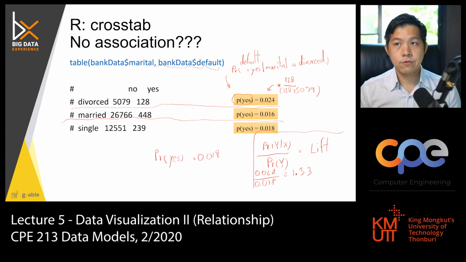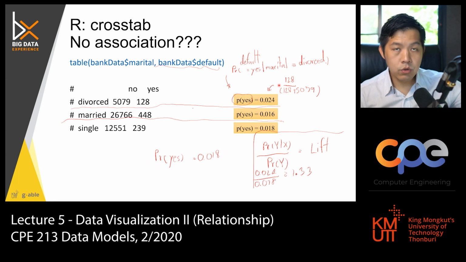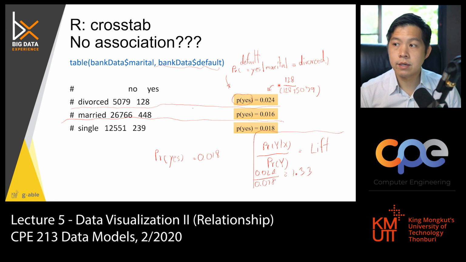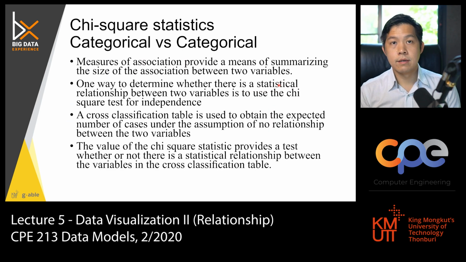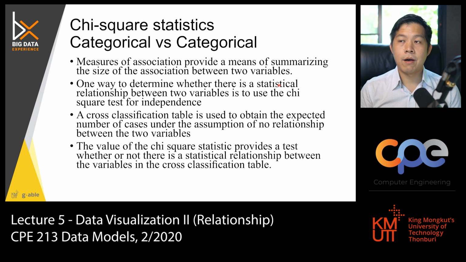That means they are not really different. That means the two are not related. But how would you know? How would you make a conclusion and be sure that your conclusion about the two variables is correct? There is a way that you can measure the certainty about a relationship, which is to use test statistics.